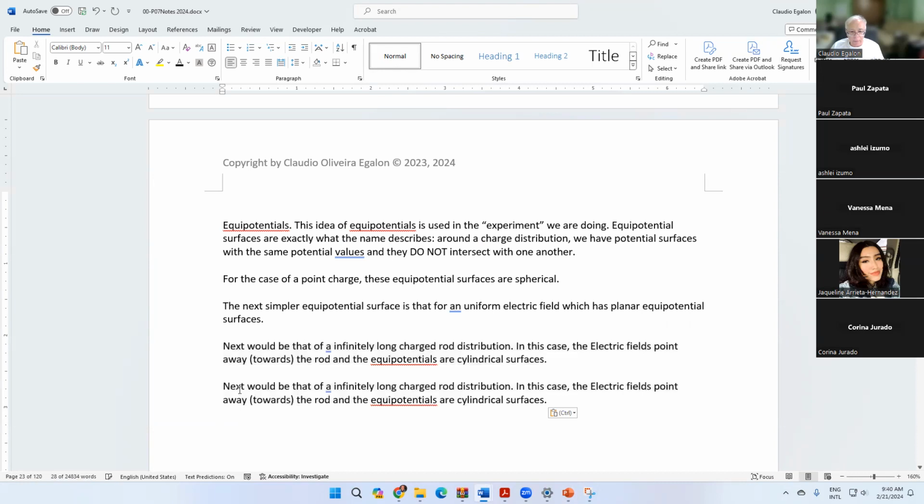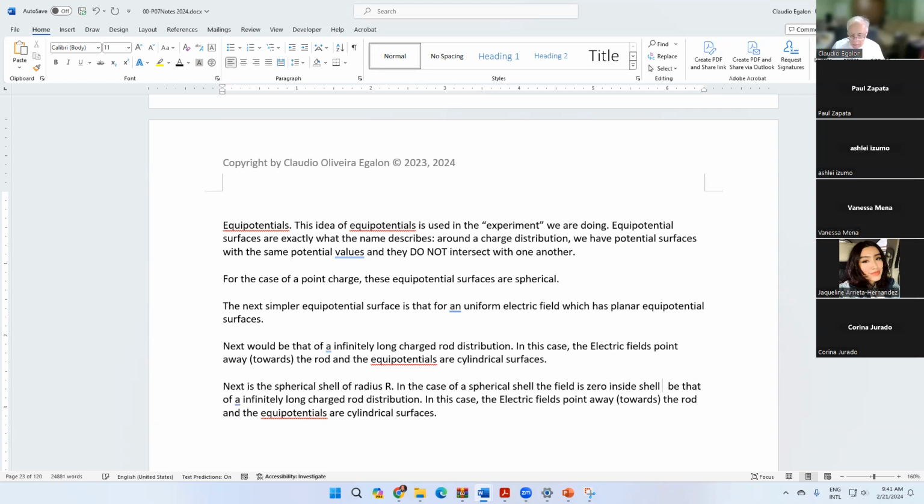And then next, the spherical shell. In the case of a spherical shell of radius r, the field is zero inside the shell and decreases with the square of the distance outside the shell.